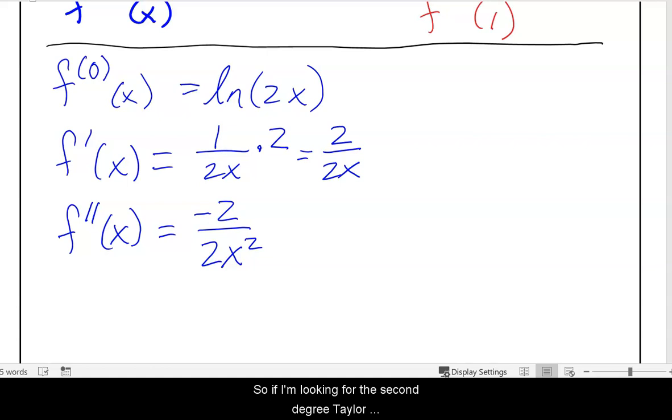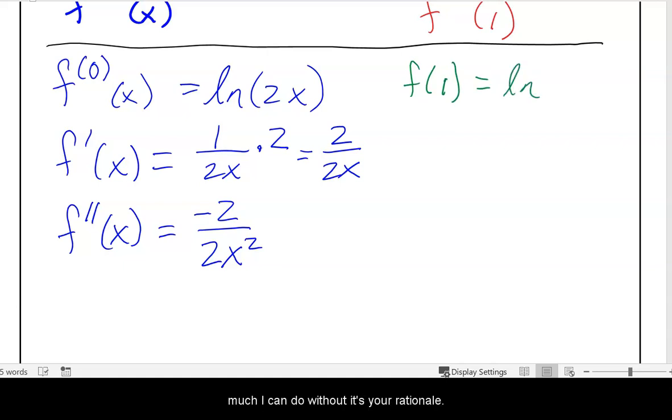So if I'm looking for the second degree Taylor polynomial, the next thing I need to do is to plug in the center for those values. So the center is 1. So f of 1 would be the natural log of 2, which, I mean, there's not much I can do with that. It's irrational, okay?